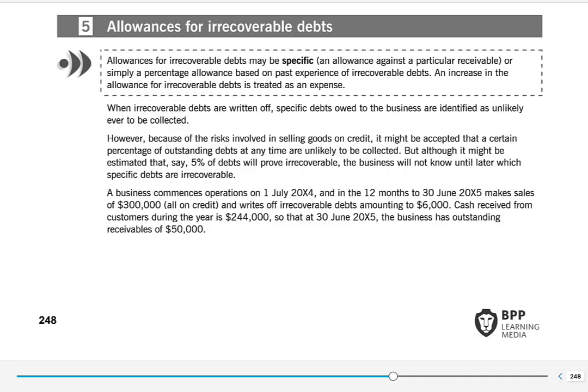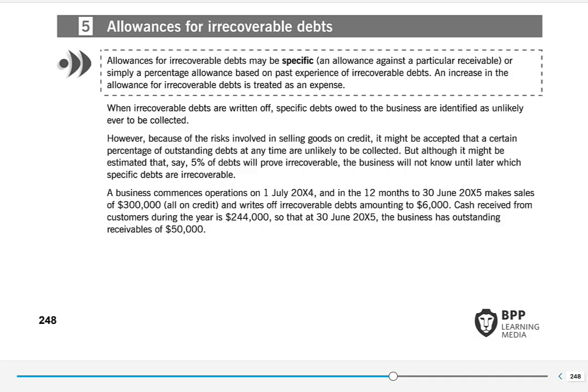Part 6. The example idea. The book is illustrating the type of situation you see in real life. A business makes credit sales during the year. It receives some cash from credit customers. Some debts are written off as irrecoverable. At the year end, there is still an outstanding receivables balance, but management expects a percentage of those outstanding receivables will eventually be irrecoverable.